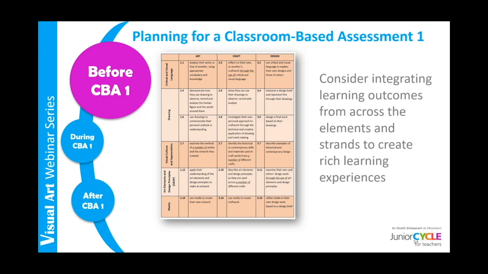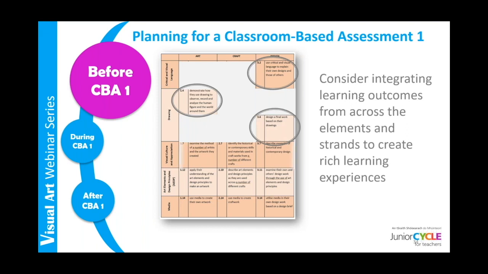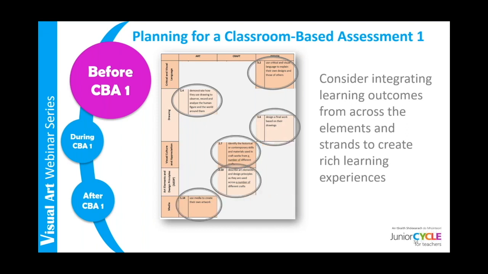When we are planning for classroom-based assessments, we might consider integrating learning outcomes from across the elements and strands to create rich learning experiences or projects. That is to say, we can plan using learning outcomes from CBAs from across the strands and elements. Here's an example of an approach you might take, selecting learning outcomes from across the 3 strands.